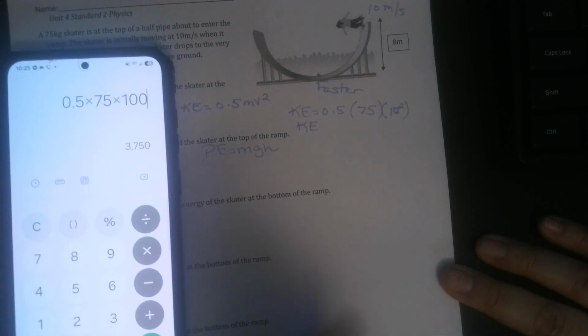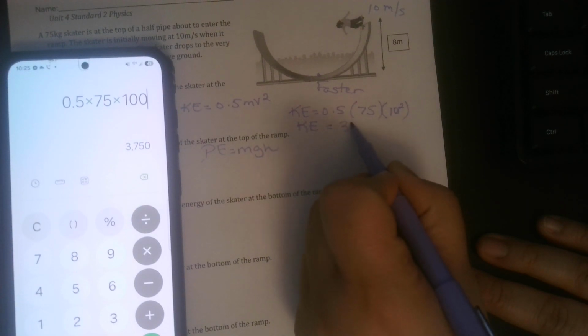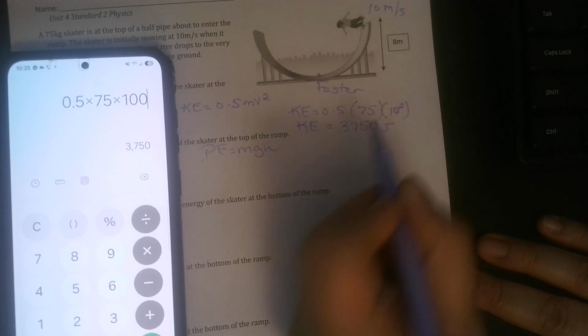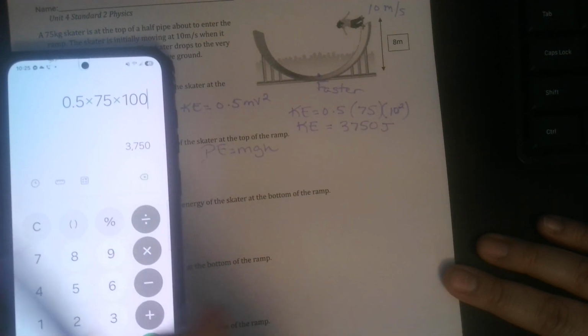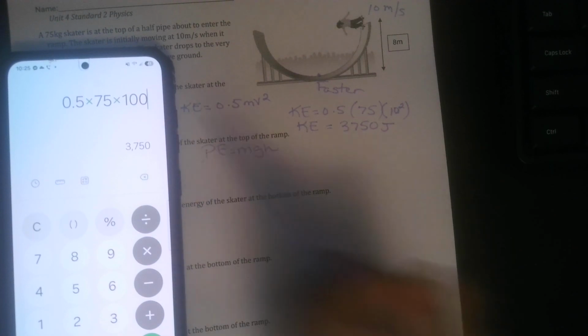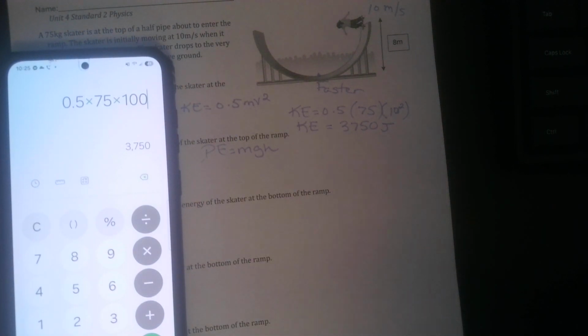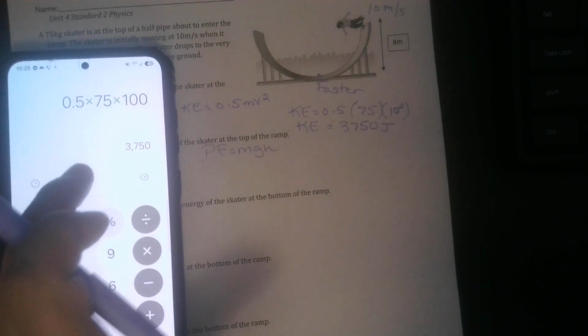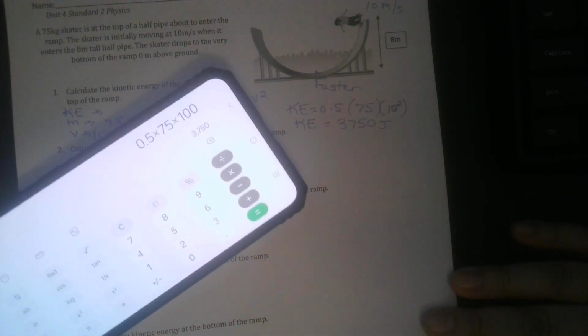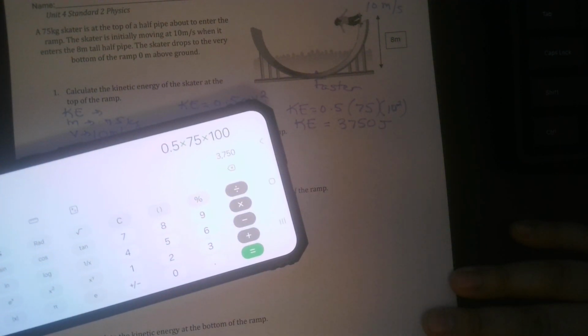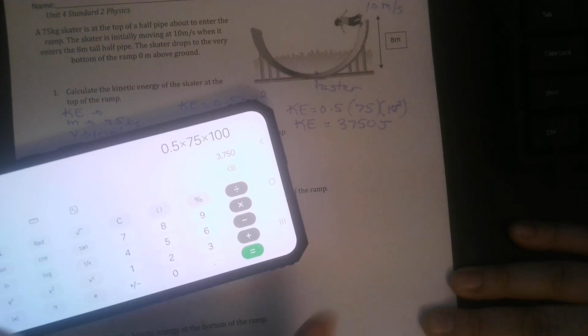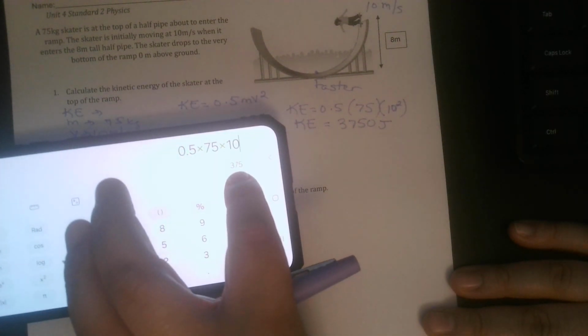So our answer is 3750 joules. So notice I actually squared the 10 ahead of time. And also because I don't know how to square on this. Oh, here, maybe. There it is. That's my square for this and my square root. So I guess I'll just do it like this.